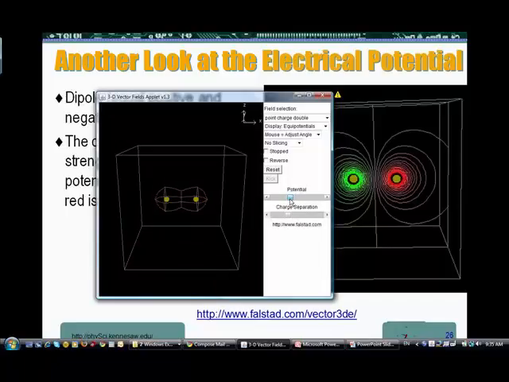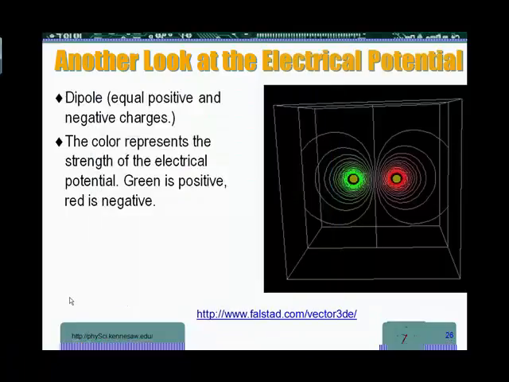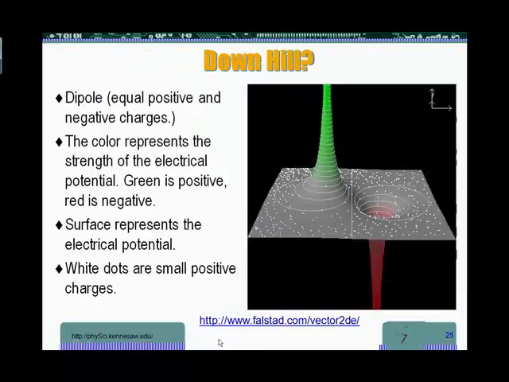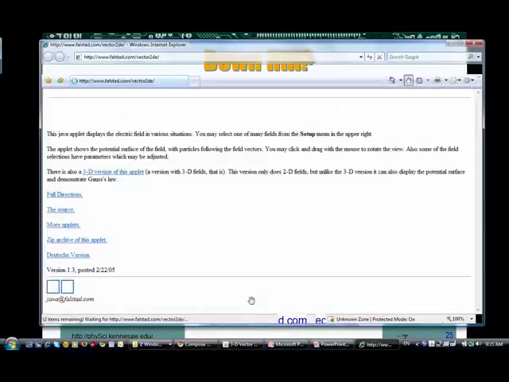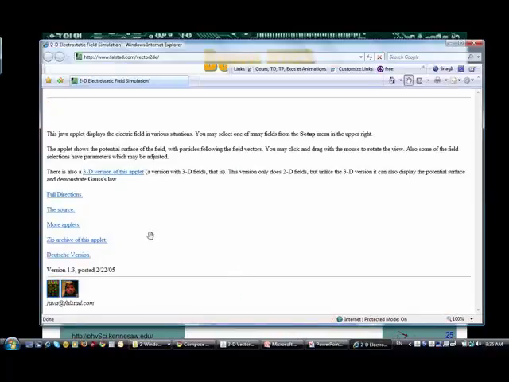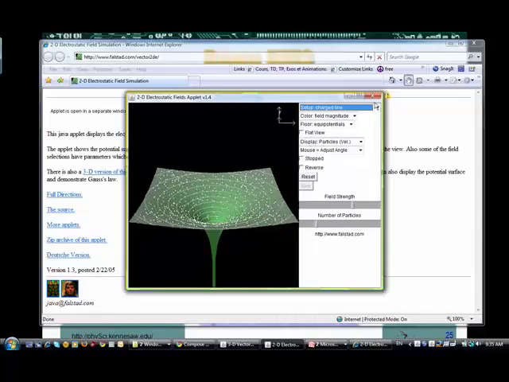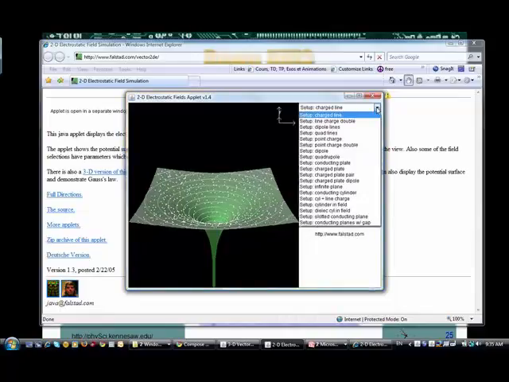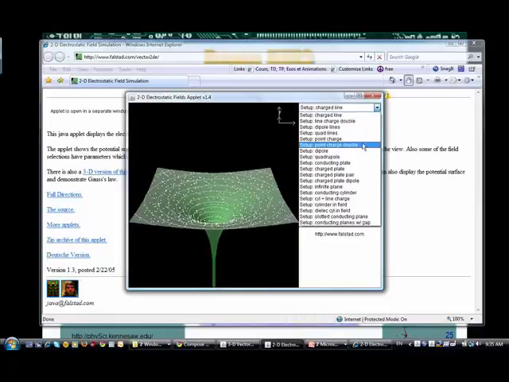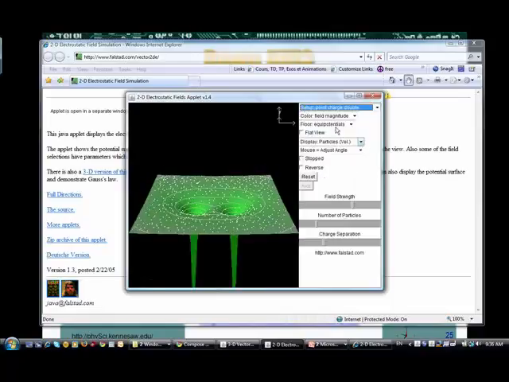And actually, let's go back to this other simulation. And look at it. Unfortunately, it's a different browser. Okay, so let's look at two identical charges.